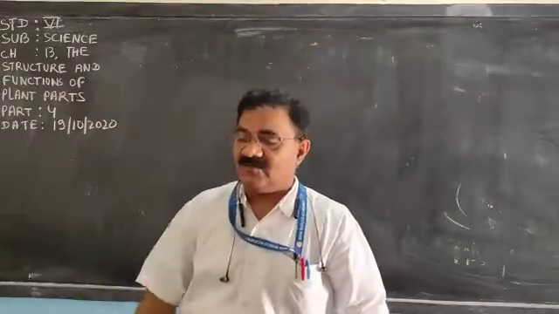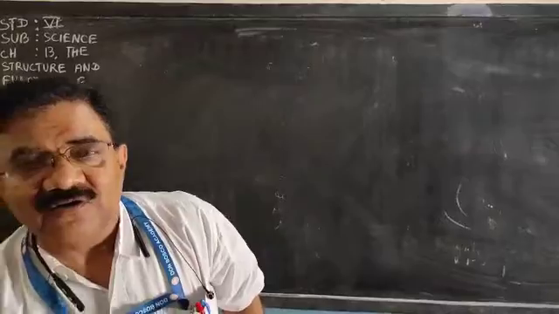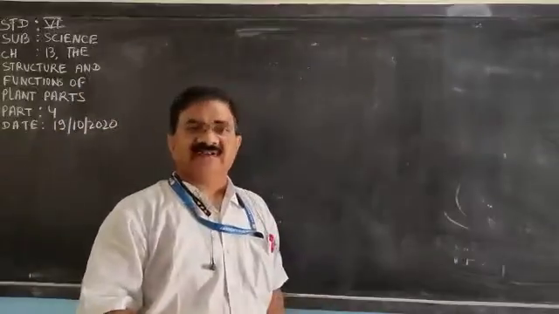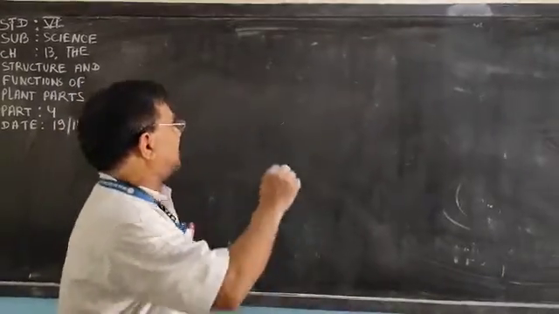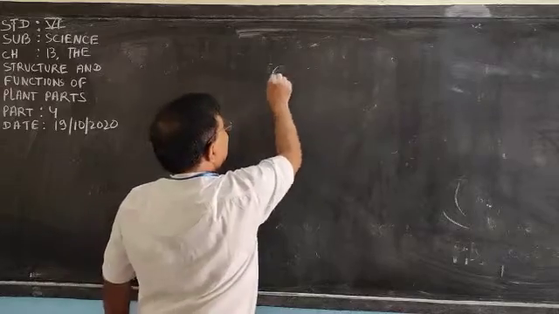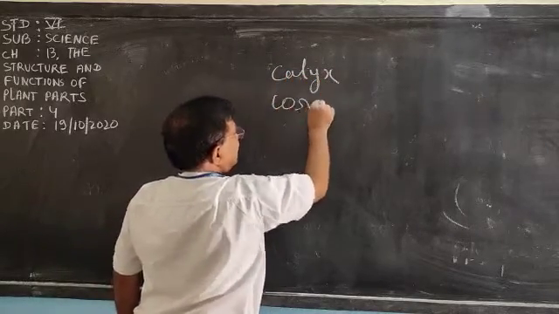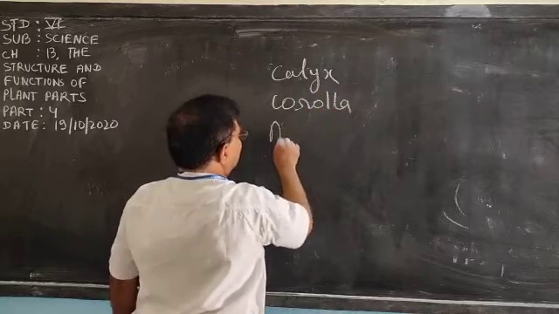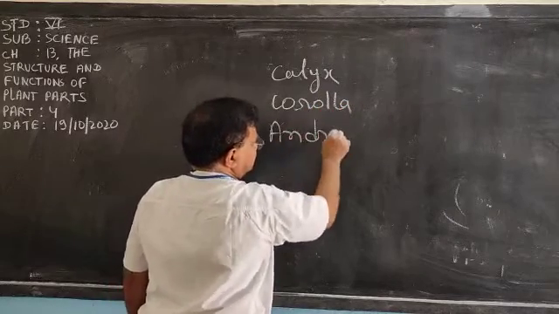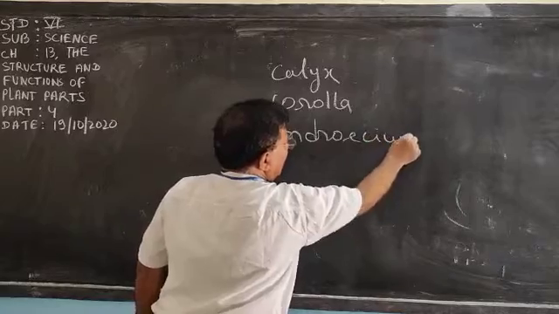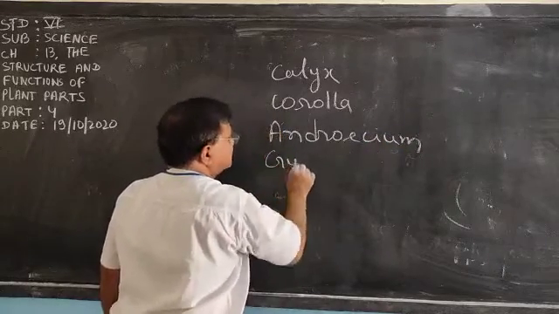It is part 4. We have discussed the flower, and I have said that a flower has 4 parts: calyx, corolla, androecium and gynoecium.